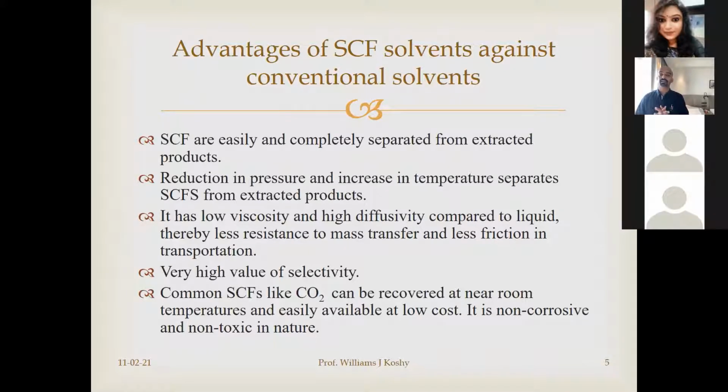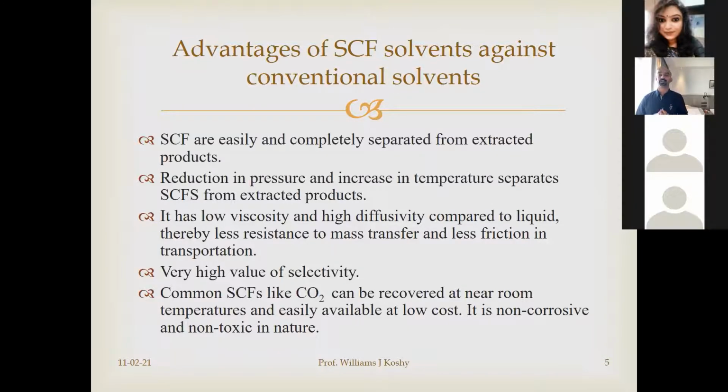It means that the supercritical fluid can be easily, and more importantly 100%, removed from your extracted products, from your solute, with very little energy. A slight reduction in pressure or an increase in temperature is enough. Reduce the pressure a little and it falls below the critical point; increase the temperature a little and the temperature-pressure relationship changes again. The supercritical fluid is then separated from your extracted products.